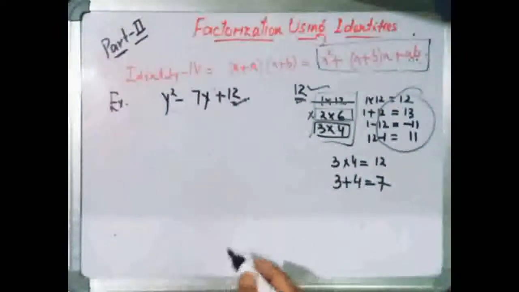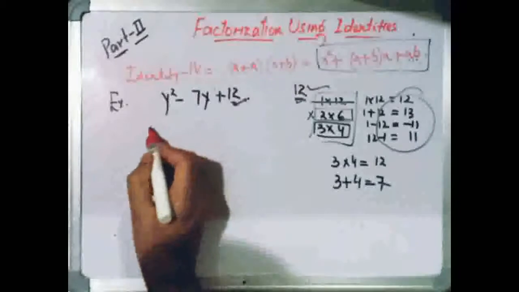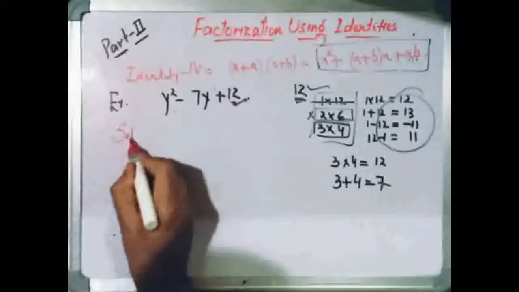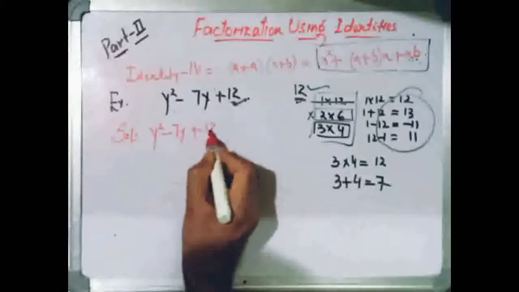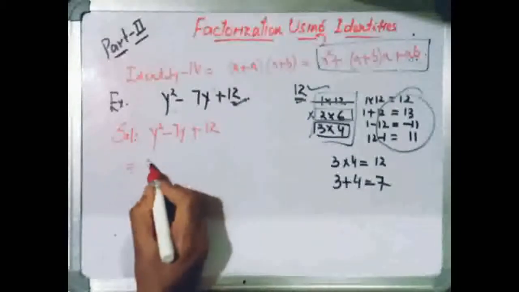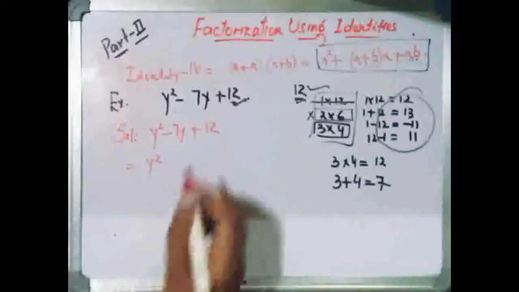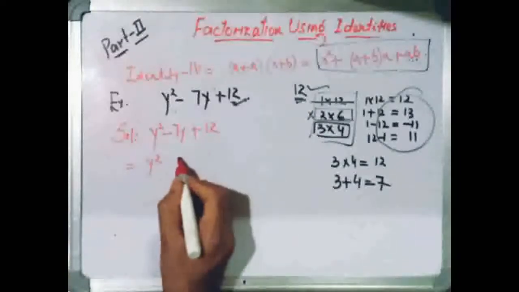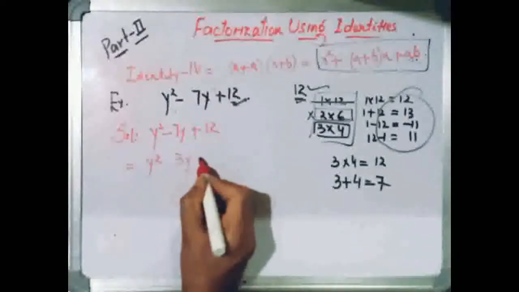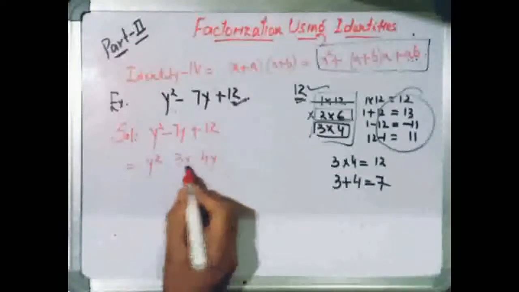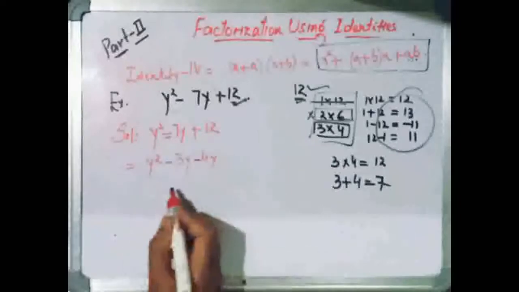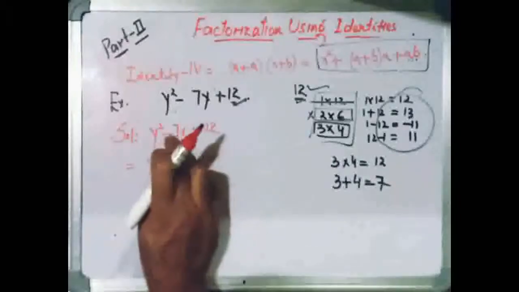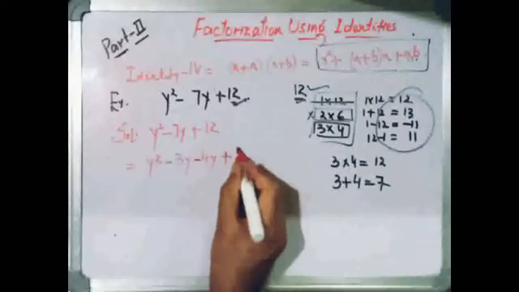So we can solve this equation like this: y square minus 7y plus 12 is equal to y square, minus 7y, so 3y and 4y. We have to add these, but the sign must be minus, so minus 3y minus 4y, plus 12.